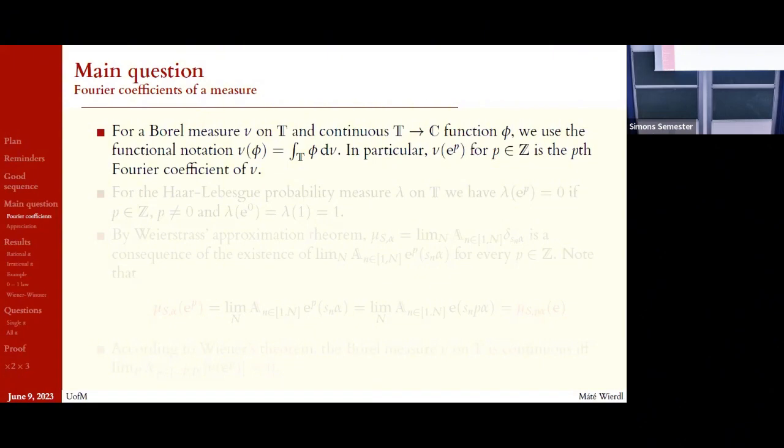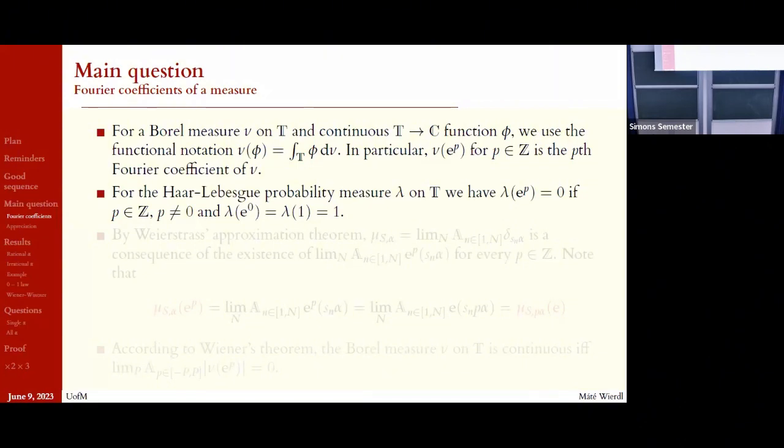In particular, mu(e^p), for an integer p, is the p-th Fourier coefficient of mu. So instead of using the hat notation, I'm using this notation. I remark here that when we look at the Fourier coefficients of the Lebesgue measure, then they are all zero unless p is equal to 0. In that case, the Fourier coefficient is equal to 1 because it's a probability measure.